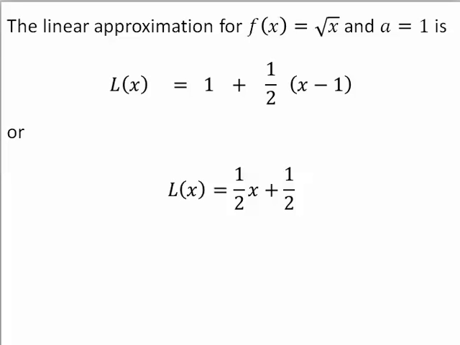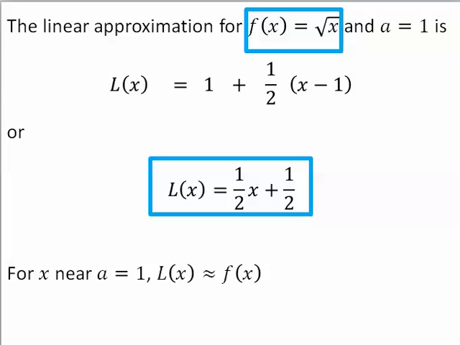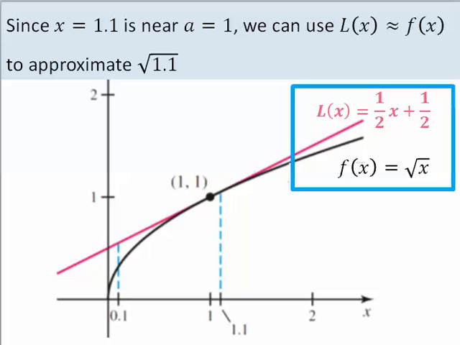I just happened to do it. If x is near 1, then this linear approximation does a good job of approximating the function. Since 1.1 is near 1, we can use this linear approximation to approximate the square root of 1.1.